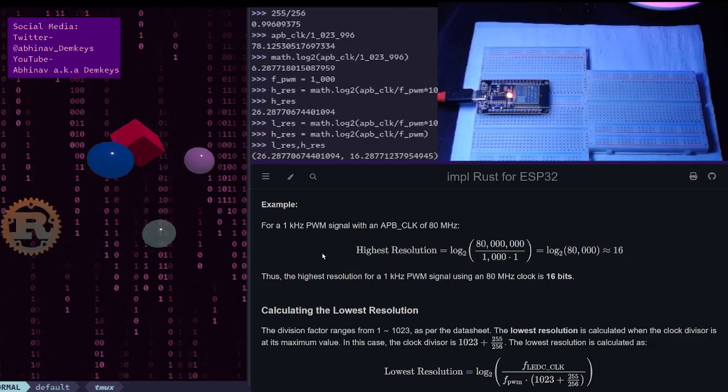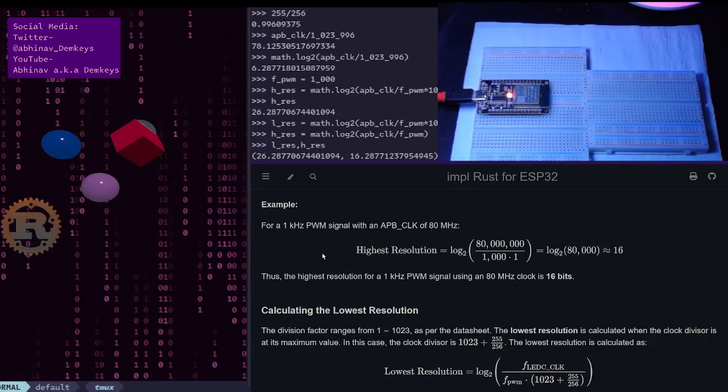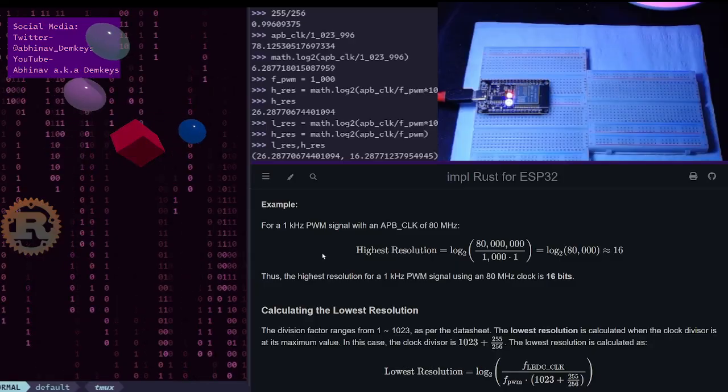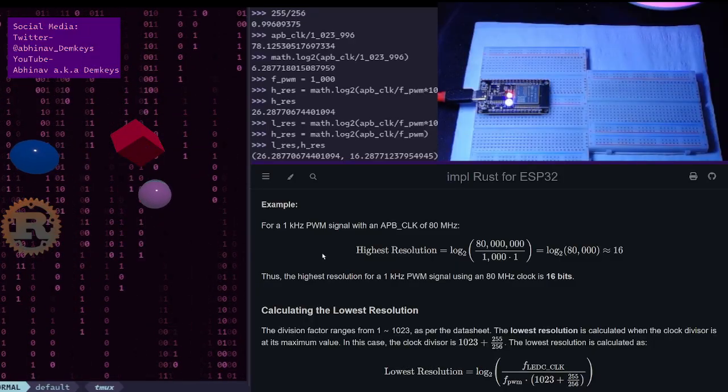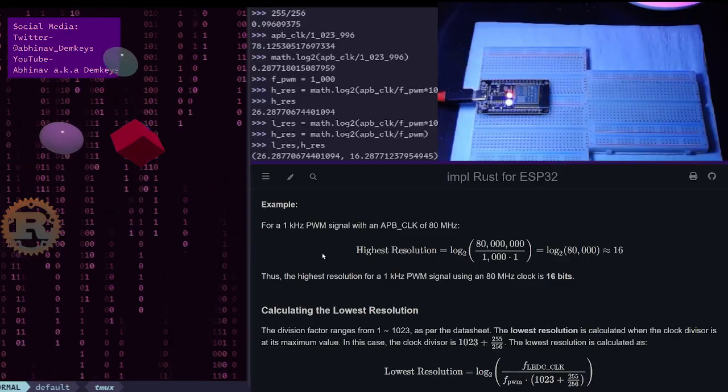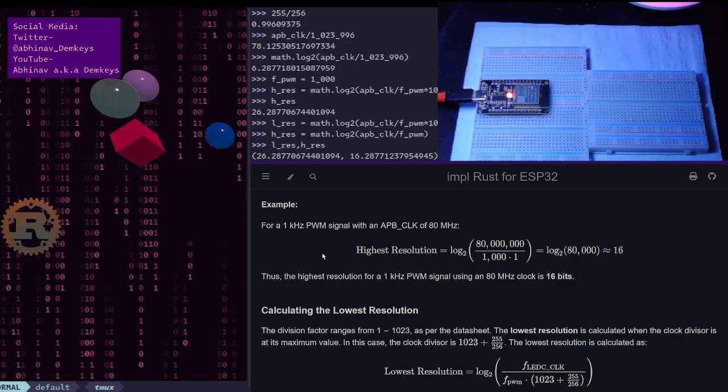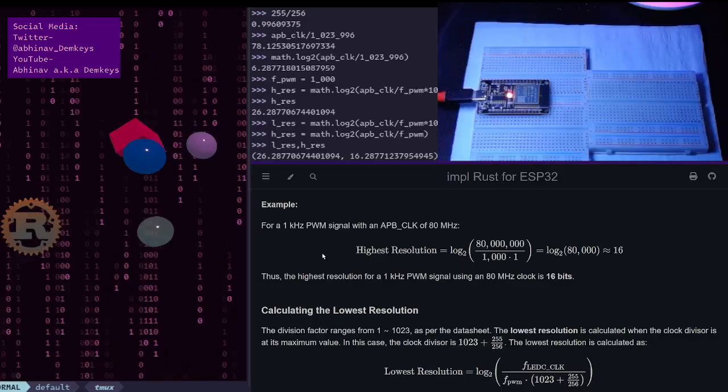Just a minute. I am learning about LED PWM for the ESP32.